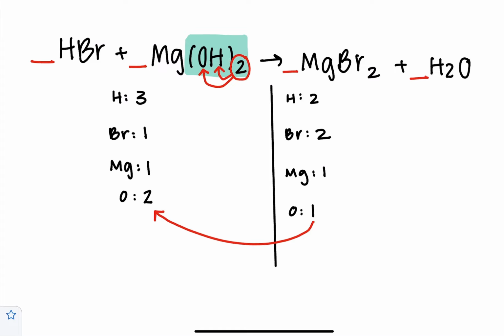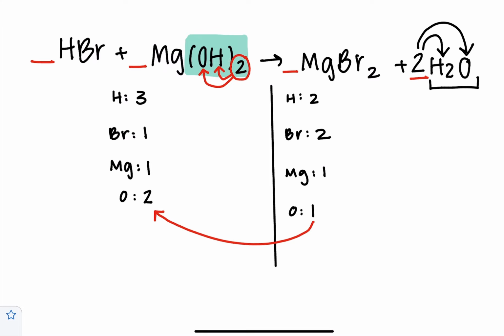Since this is on the right side, I'm simply going to multiply this 1 by 2, which means I'm going to put a coefficient of 2 in front of this H2O because that's our only place that has an oxygen. So that's why we're putting the coefficient in front of H2O. Now remember, a coefficient multiplies out to each element, not just one, since they're in a compound.